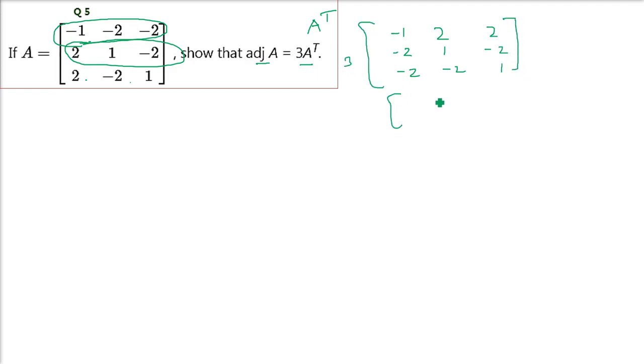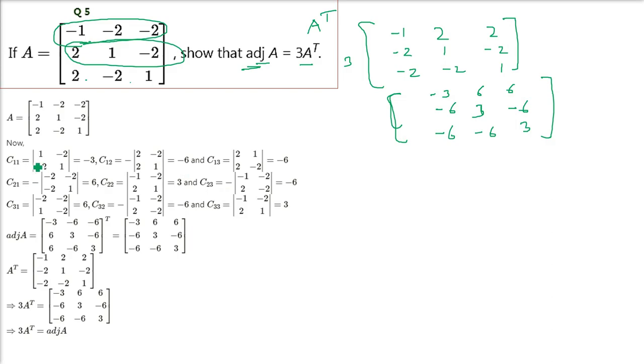What do you get? -3, 6, 6, -6, this is 3, and -6, this is going to be -6, -6, and 3. So when you take the adjoint A, this is going to come exactly like this.